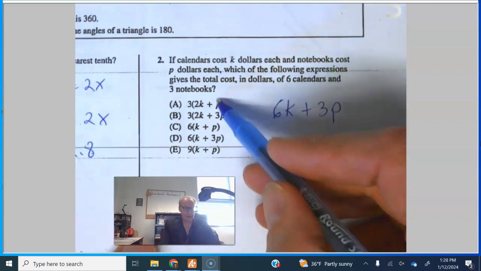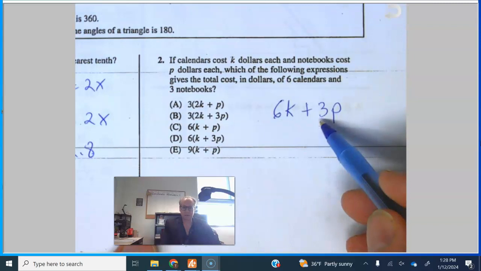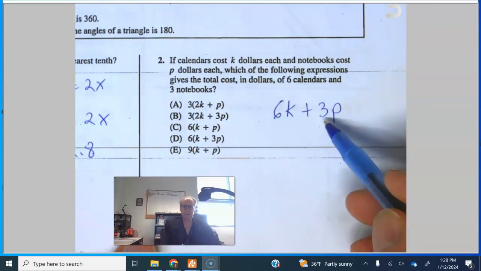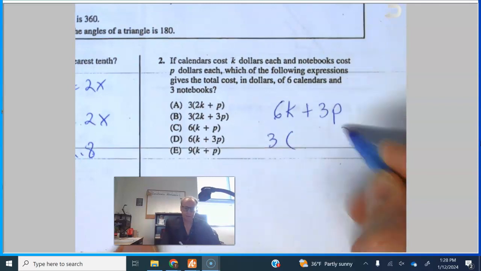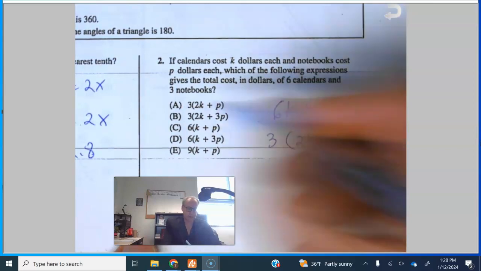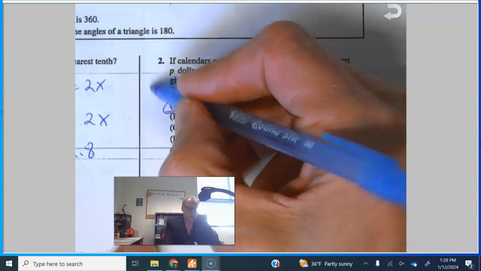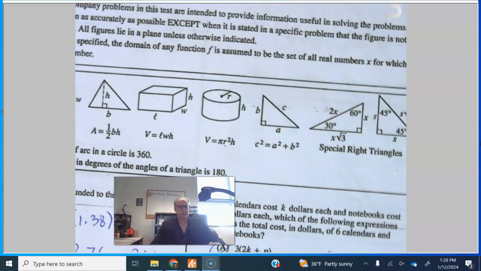The problem being that none of these is exactly the same as this. Clearly, they must have done something, and in fact, they factored out the 3, and that leaves us with 2K plus P. And it is this first one, which is A. And moving on. Try and keep it nice and clear for you.